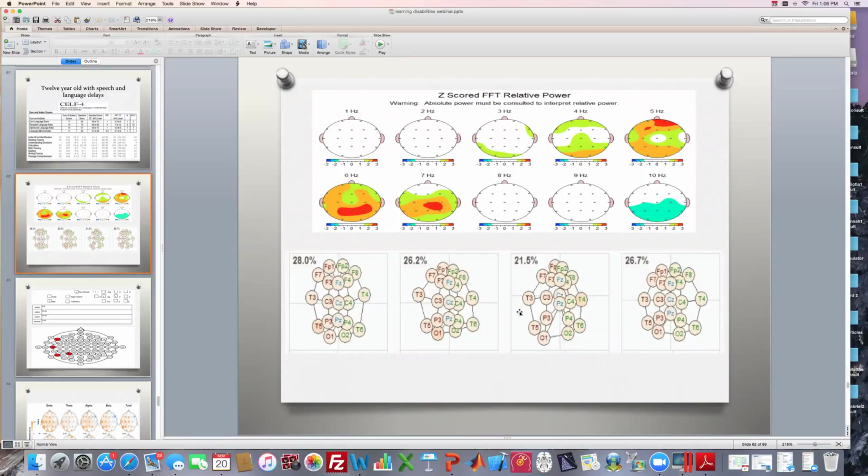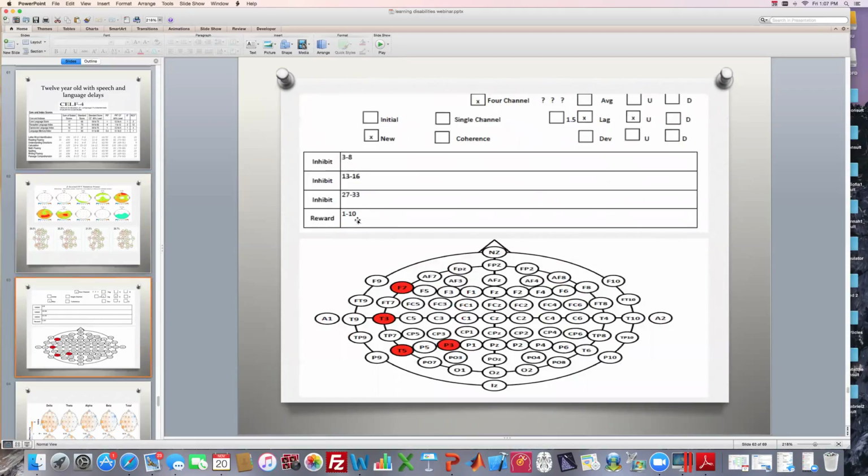But each case is individually tailored so that the reward band matches the coherence deficit in the QEEG. And the inhibits, which you see here, we will match to the power excesses in the QEEG.